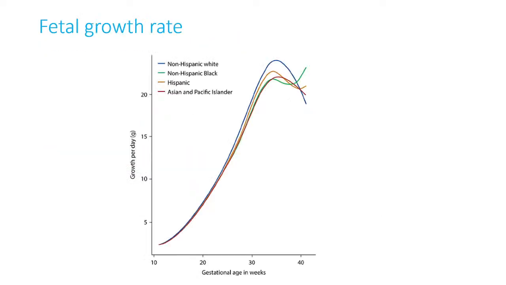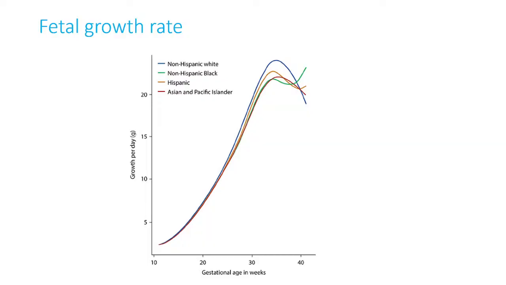This is a slide showing the fetal growth rate across the gestational age, the time period in which the fetus remains inside the uterus. Here you can see that at 10 or 11 weeks of pregnancy, fetal growth rapidly starts and increases steeply till around 35-36 weeks.